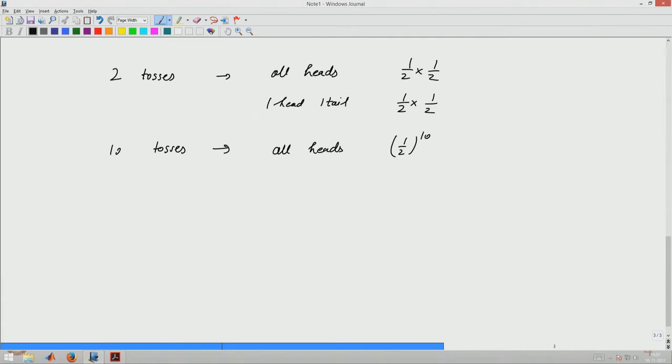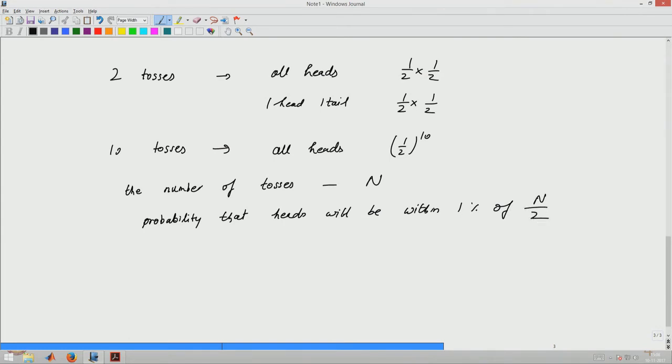So, what happens is when we do a large number of trials, then we can quite often say that, if let us say in this case the number of tosses is n, the probability that the number of heads will be within 1% of n by 2.